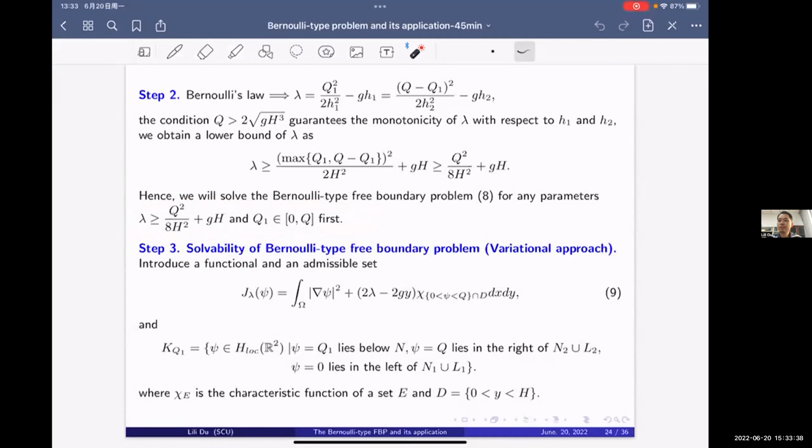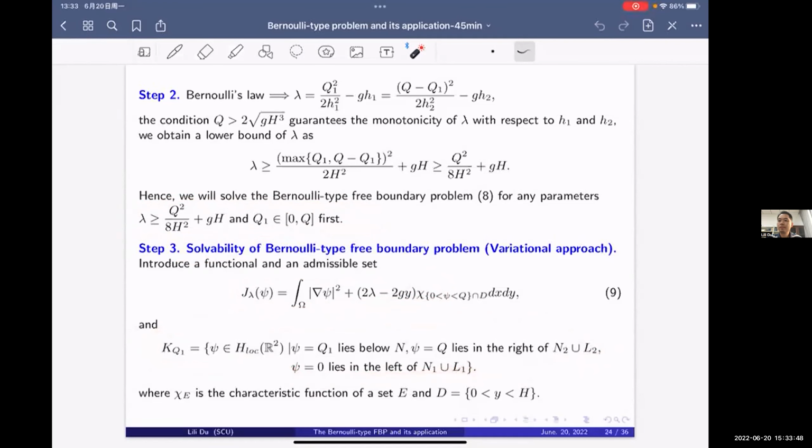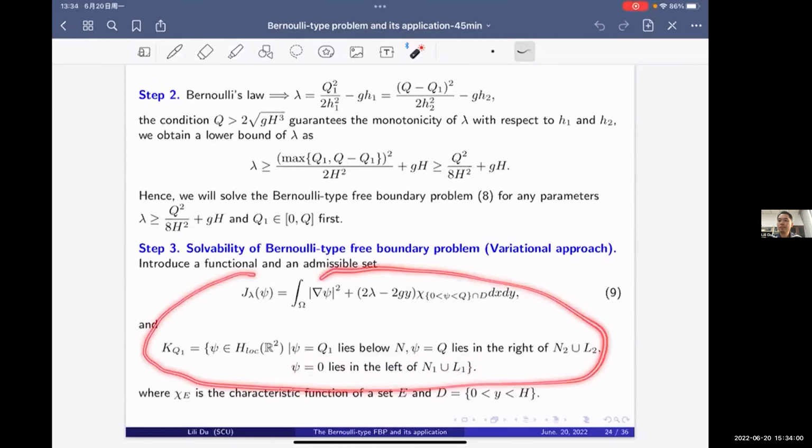We can define the functional J(ψ) and the admissible set K. ψ satisfies the Dirichlet boundary conditions on the solid wall, and we seek a minimizer to the minimization problem.